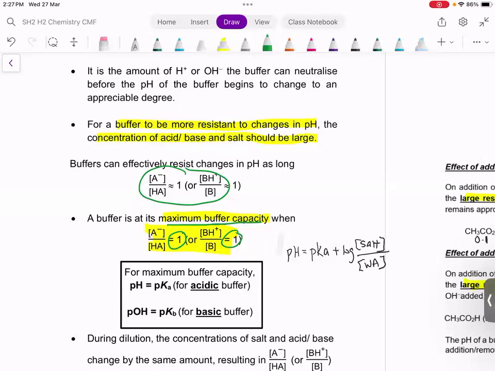It's a ratio. Remember this expression? So we are talking about this fraction. This fraction in the ideal case should be equal to 1 for maximum buffer. So when it's equal to 1, then pH will be equal to pKa, pOH will be equal to pKb.